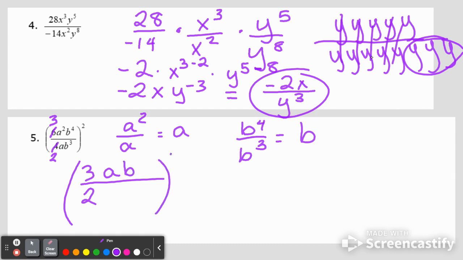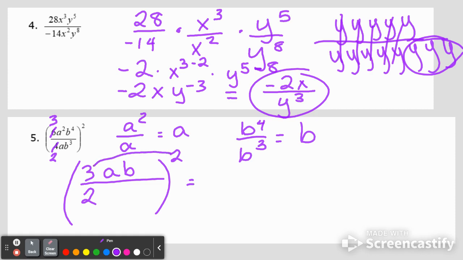All right, now I can square everything. So our power rule, when we were talking about quotients, we said everything gets the power. Okay, so it's like an Oprah show. Everybody's getting a car here, except they're all getting an exponent.